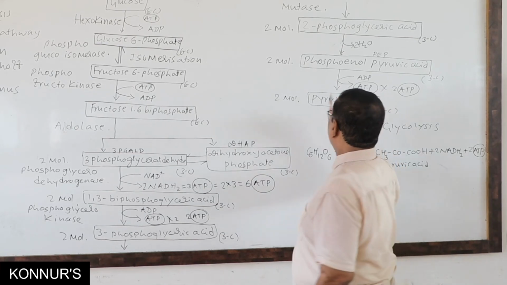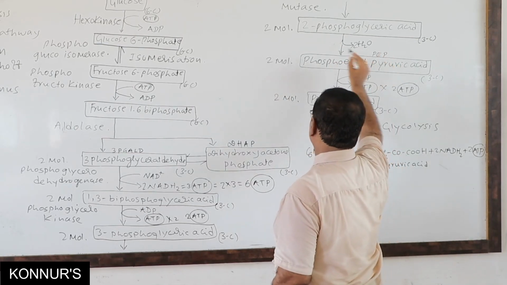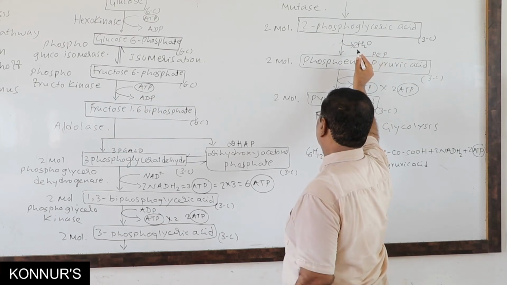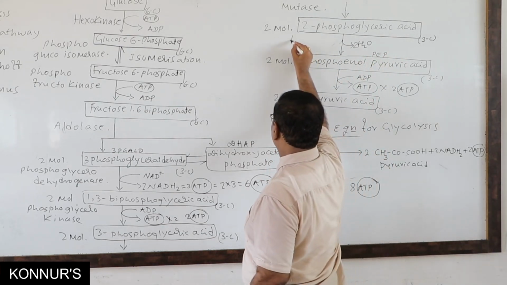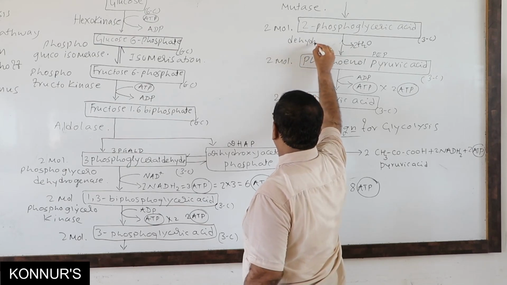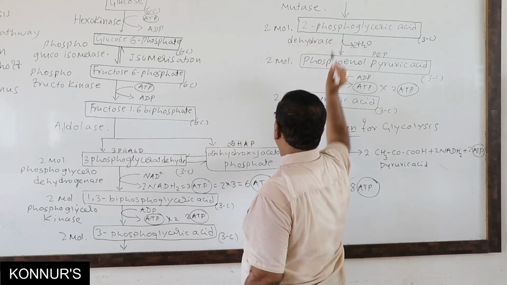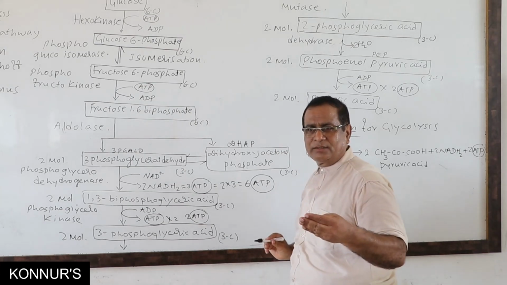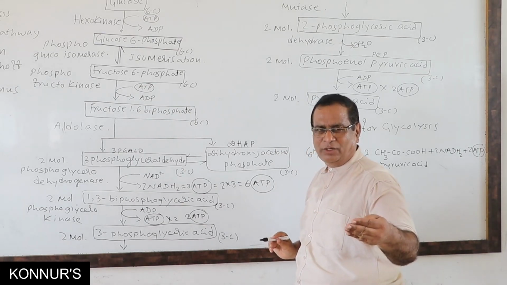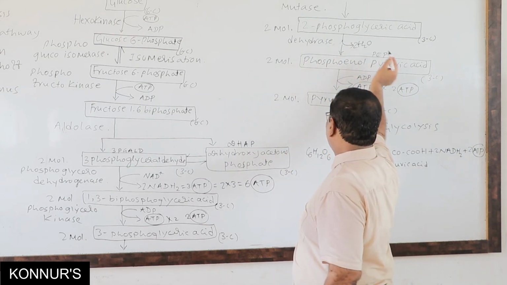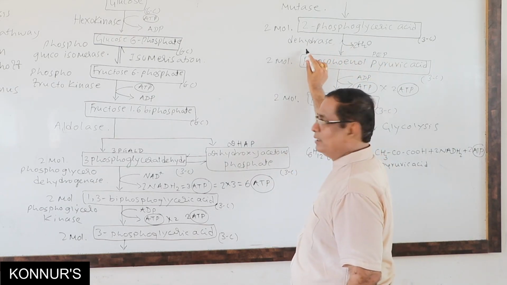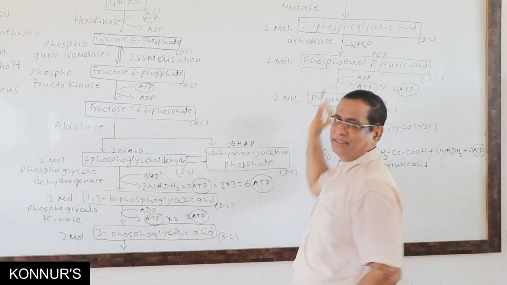And now 2-phosphoglyceric acid loses water. This is in the presence of dehydrase. Hydration means addition of water. Dehydration means removal of water. It is a dehydration, and here the enzyme is dehydrase.